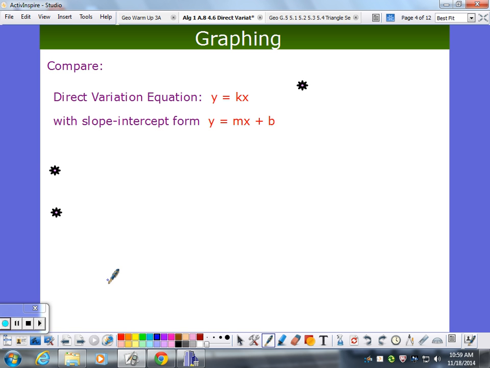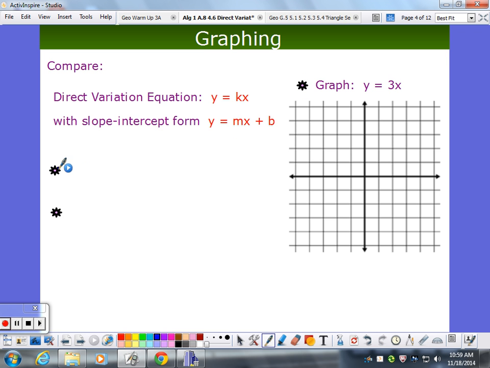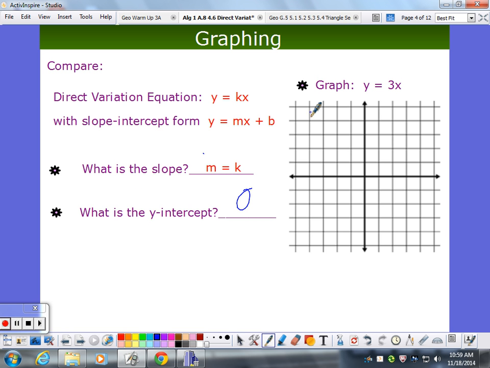We did this in our opening: we compare y equals kx with y equals mx plus b. What is the slope here? M and k are the same. So if I want to graph these, I graph them the same way as any y equals mx plus b. What's the slope of this one?